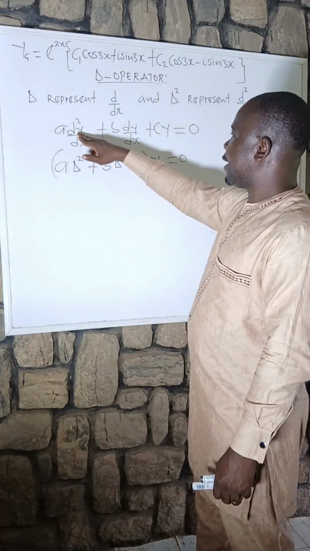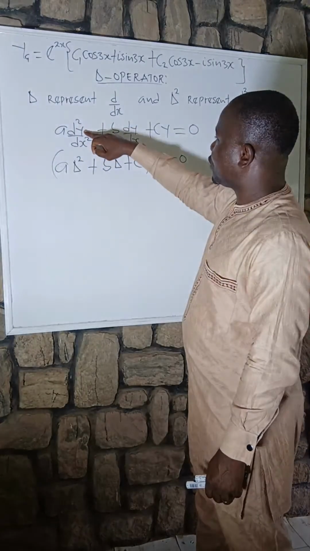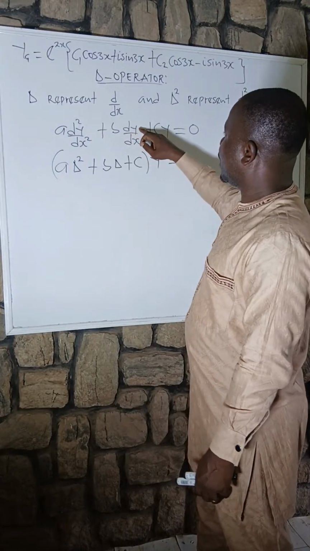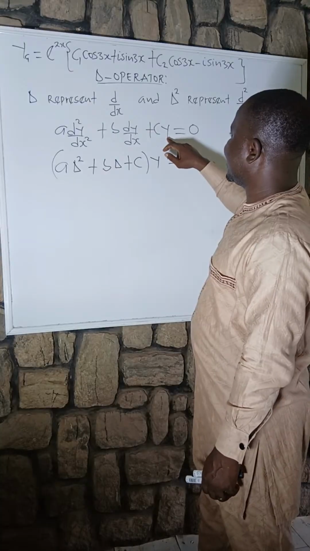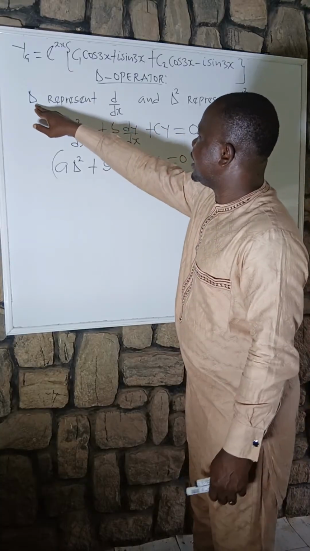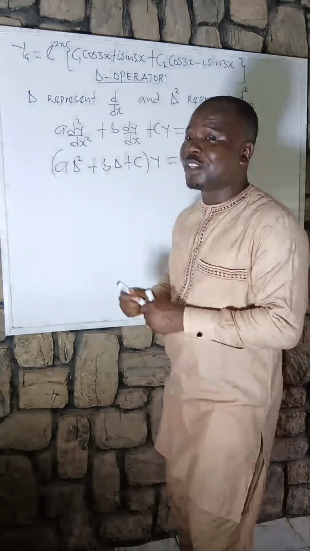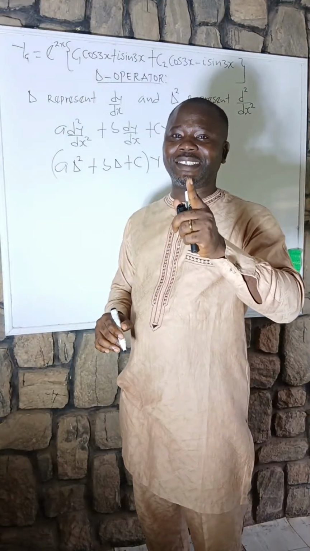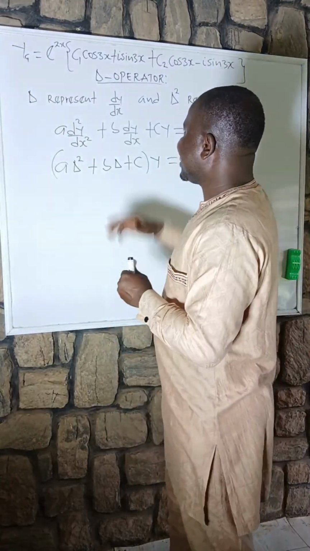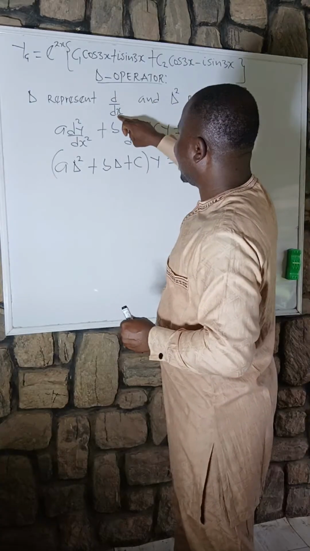The reason why the y is being factored out is, look at it. We have y here, we also have y here, then we have y here again. Because D operator represents d all over dx squared, it did not say the y. Take notes. Very important. Is that clear? It says d all over dx squared.